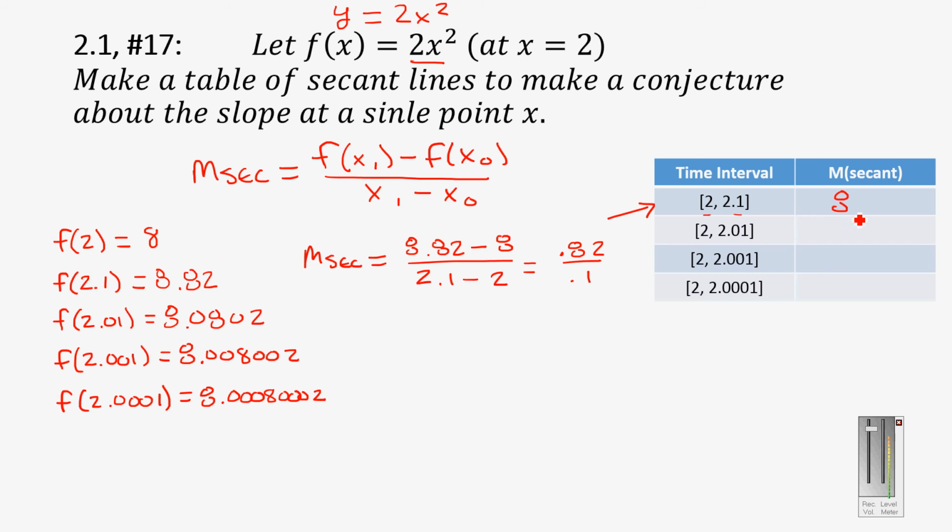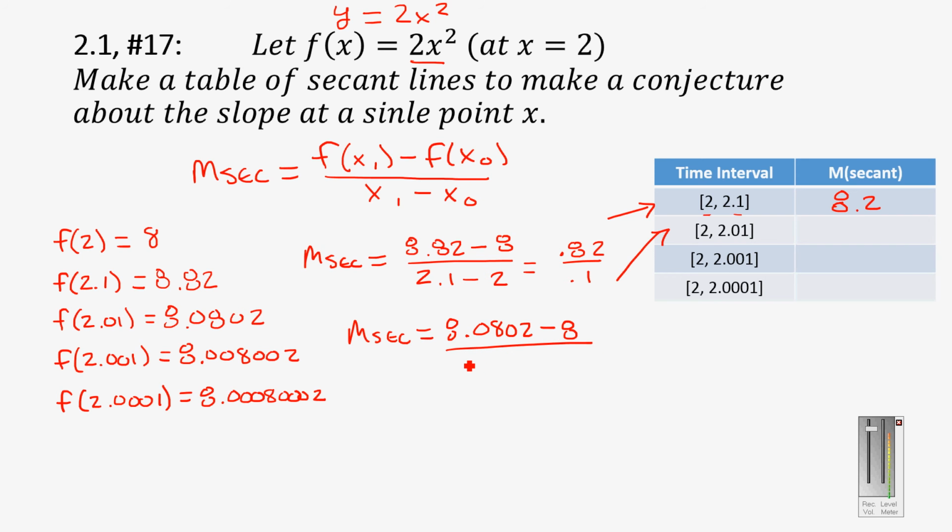So the slope of the secant line for the function at f of 2 and f of 2.1, the slope's going to be 8.2. If I wanted to do the next one, I might come down here and say, okay, well, this one's going to be m secant is equal to, now we're doing 2 and 2.01. So this is going to be 8.0802 minus 8.